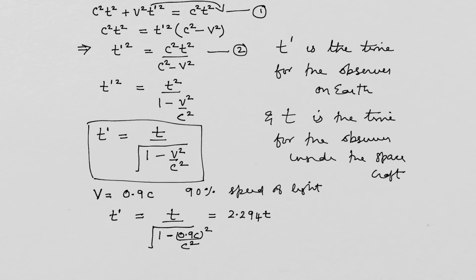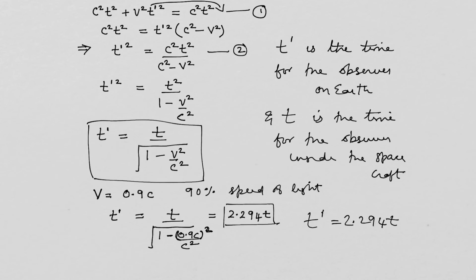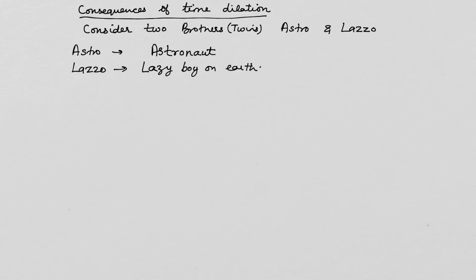So if I substitute v as 0.9 c in this equation, this gets squared, and after cancelling the c square, a little bit of calculation, you get T dash is equal to 2.294 times T. So this is just one of those cases. Now, this only means that T dash is 2.294 into T.